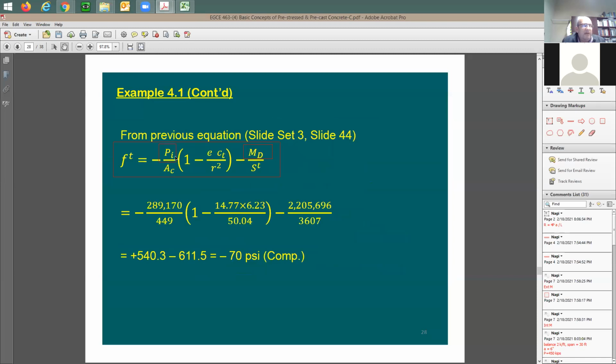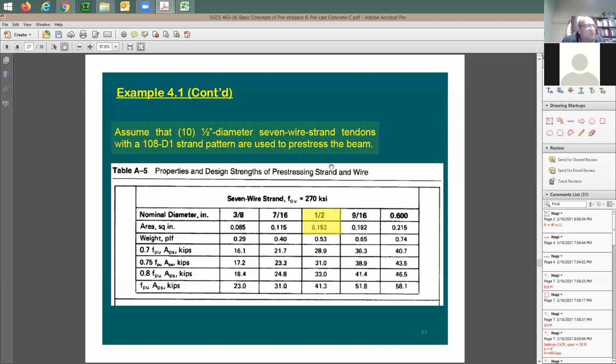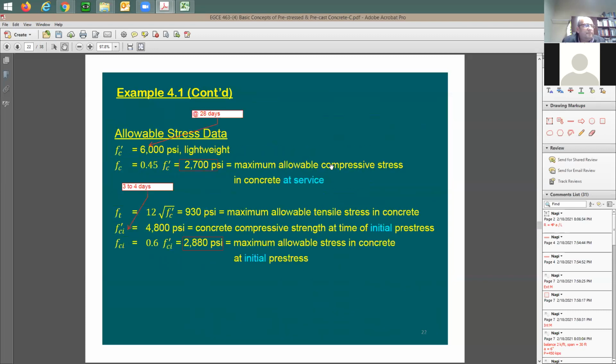So what do I have? I have initial pre-stress. I have all the parameters, which means the section parameters of the double T or the beam, and I have only dead load. So at that time, I'm going to be checking the stress top and bottom. Do I have limits? I'm going to say yes. Now the limits that you're going to be comparing it to are all listed here.